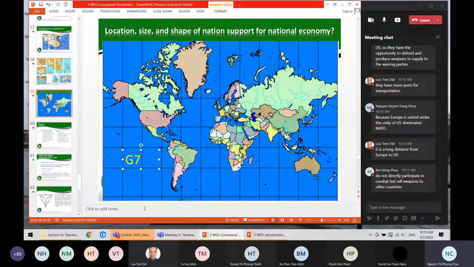Why can the United States create new weapons, but other nations like Germany, France, Italy, the UK could not? And why is the US not affected by the World War? Because the US has strong weapons. How can other enemies attack the United States? That's the problem.